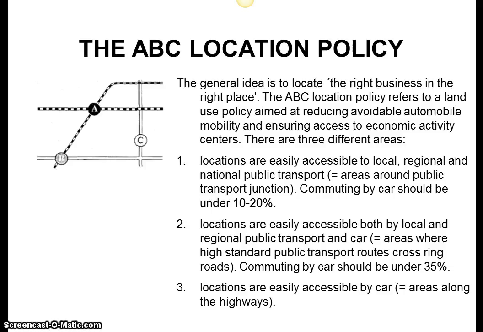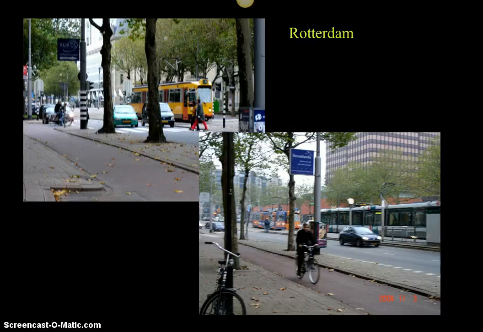But for the less compact, we can see highway becomes very important. In Class C usually highway becomes very important, whereas the middle is Class B, where you can have access to rail-based public transport and also highway. This is Rotterdam. You can see the tram, you can see bicycles.